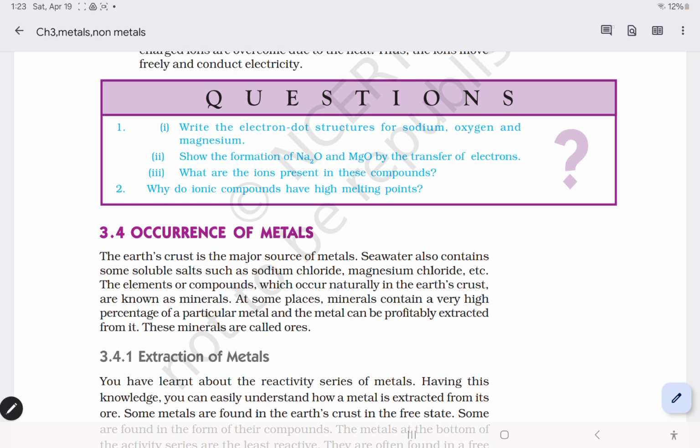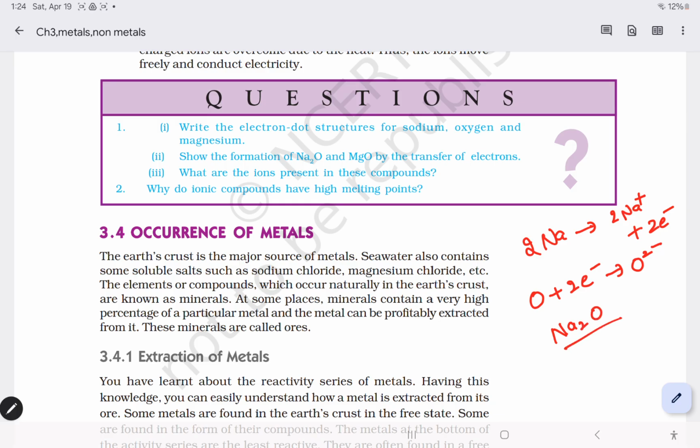Two sodiums lose their electrons to become cations, and 2 electrons are released. One oxygen gains 2 electrons from 2 sodiums and becomes the oxide ion O2-. So what is the final compound? Na2O.